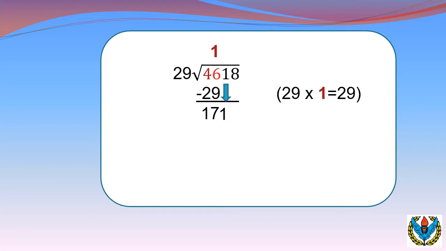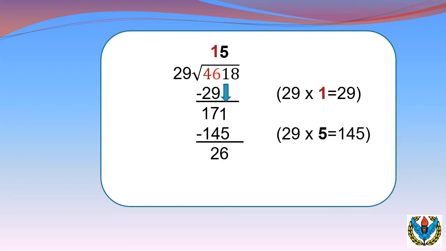Now we will read the table of 29 up to 171, and 29 fives are 145, which is closest to 171, and we will place 5 above the division sign. Now by subtracting them we get 26 in the remainder, and then we will bring down 8 from the ones place and it became 268.